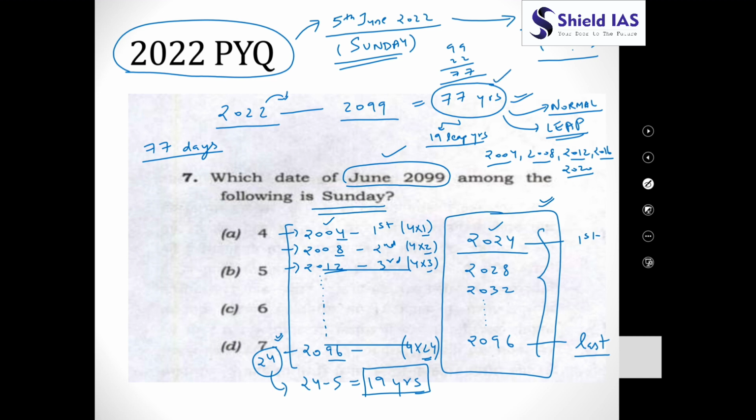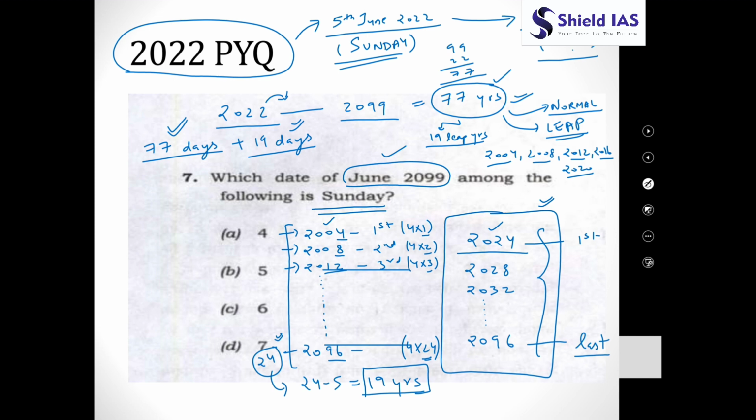But there are also some leap years in it. We have already considered 1 day of that leap year in these 77 days. So we have to add another 19 days, because a leap year has to be counted twice. We have counted leap years once in 77 days, and we have to count them again in these 19 days.